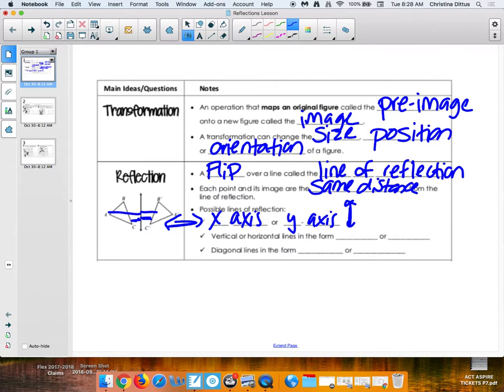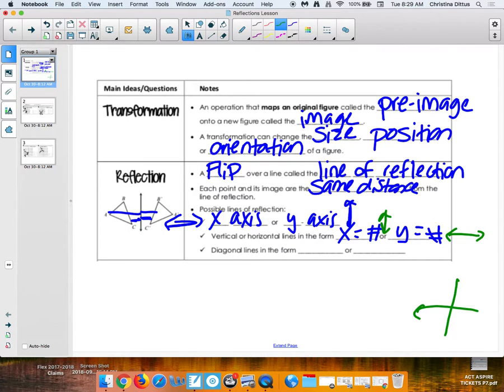I'm sorry. Our vertical and horizontal lines are x equals some number and y equals some number. Remember when you have x equals something, those go up and down. When you have y equals something, those go left, right. So you have like y equals 1.